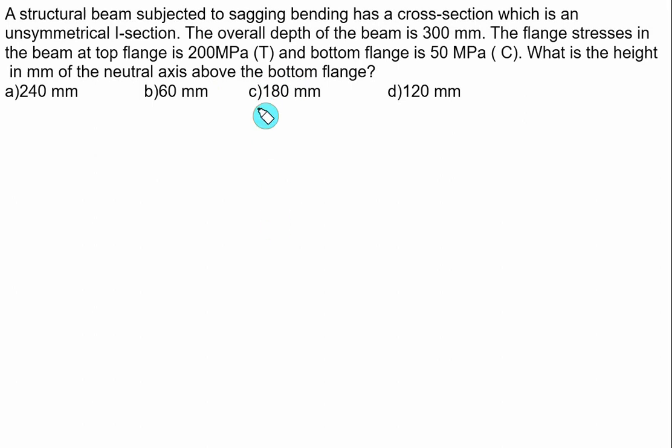So we have been given here the stress distribution. At the top flange we have tension, and at the bottom flange it is 50. We have tensile stress on the top fiber, and this value of tensile stress given to us is a positive value equal to 200 megapascal.